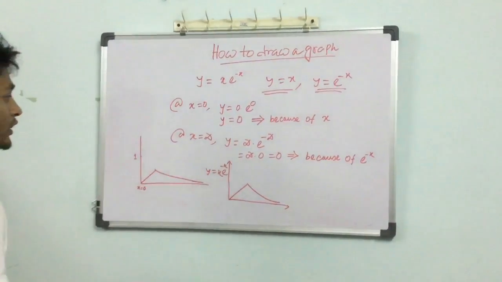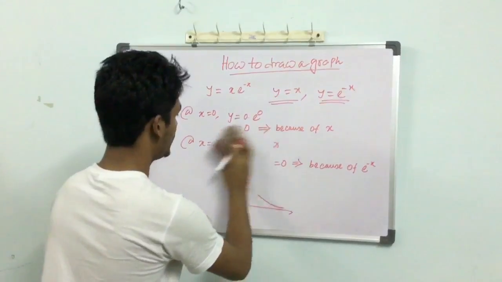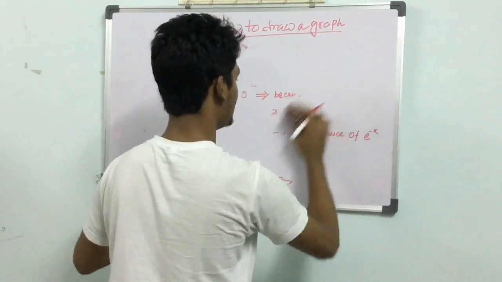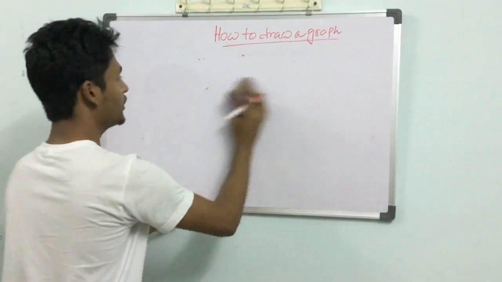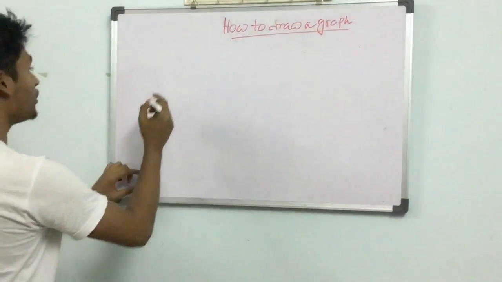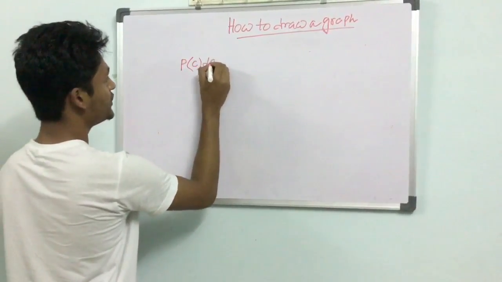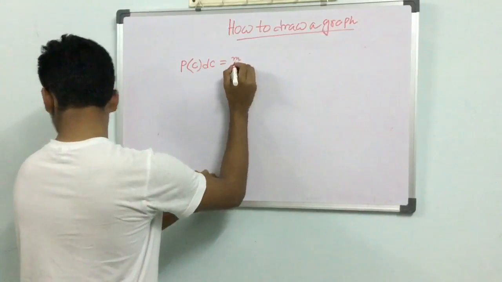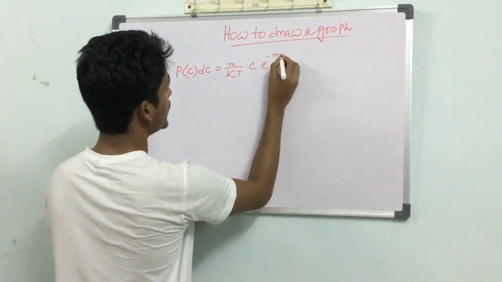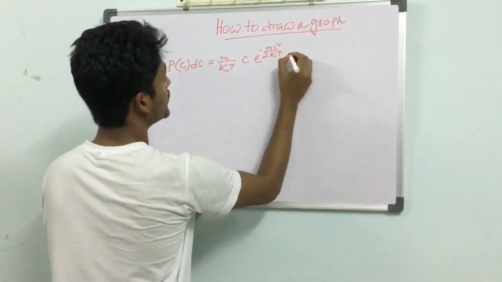I don't want to take examples only mathematically, but I need to take an example from our known chemistry. This is basically our motto. So you all know about the Maxwell speed distribution, that is P(c) dc. This is going to be a constant times c square e to the power minus mc square by 2kT dc.